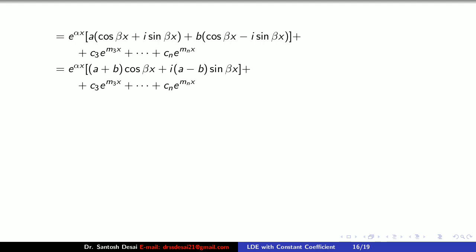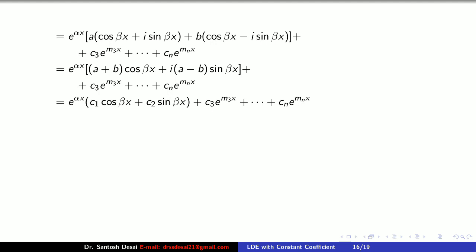Now a and b are constants, so a + b is also a constant, so we denote it by c1 and denote i(a - b) by c2. Thus we get e^(alpha x)(c1 cos beta x + c2 sin beta x) + c3 e^(m3x) + and so on + cn e^(mnx). So this is the complete solution when the auxiliary equation has two imaginary roots.